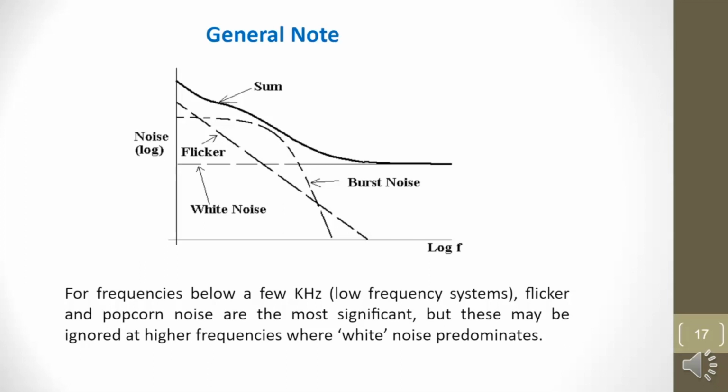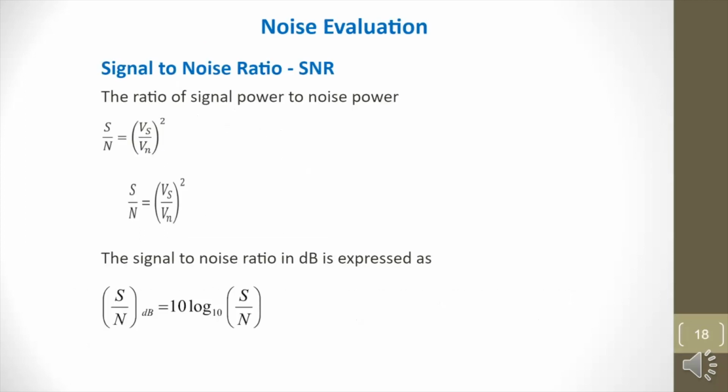Coming to the general note on noise versus frequency, you can see the noise versus log of frequency graph. For frequencies below a few kilohertz, in low frequency systems, flicker and popcorn noise are the most significant, but these may be ignored at higher frequencies where white noise predominates.